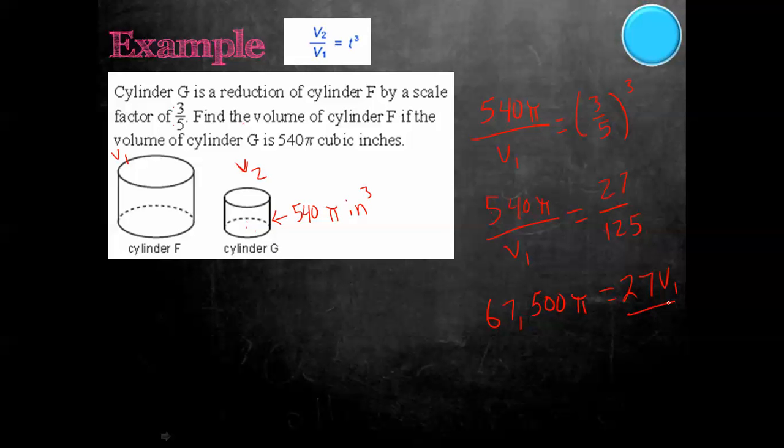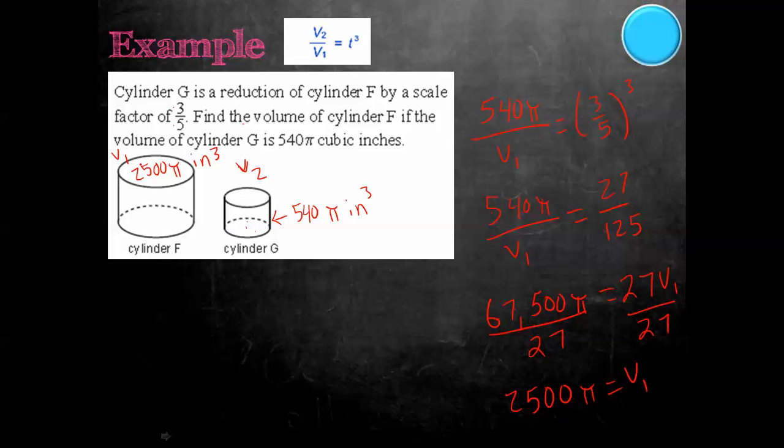The original shape. So now we're just going to divide by 27. So we take 67,500 and divide it by 27 and just keep the pi there, right? We have 2,500 pi is going to be the volume of shape 1. So 2,500 pi inches cubed. Okay?